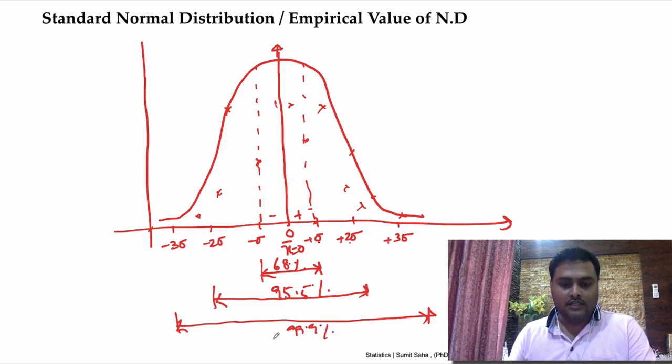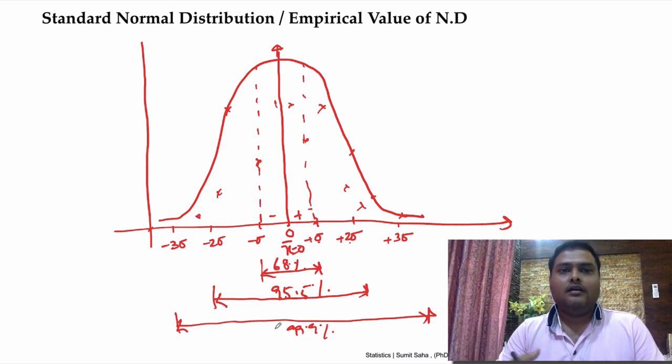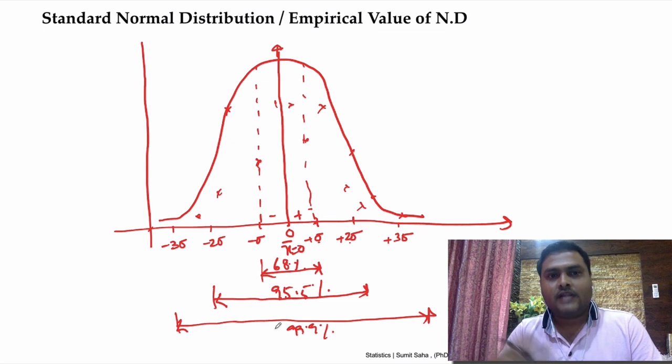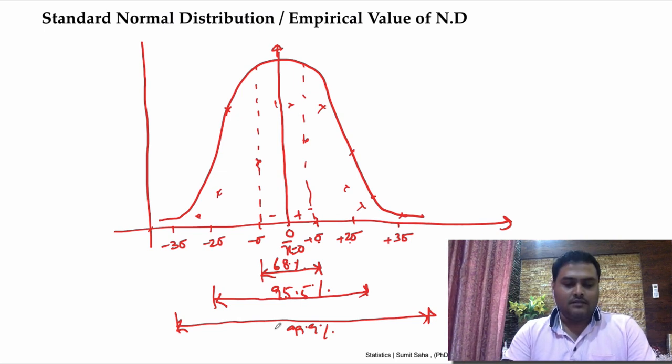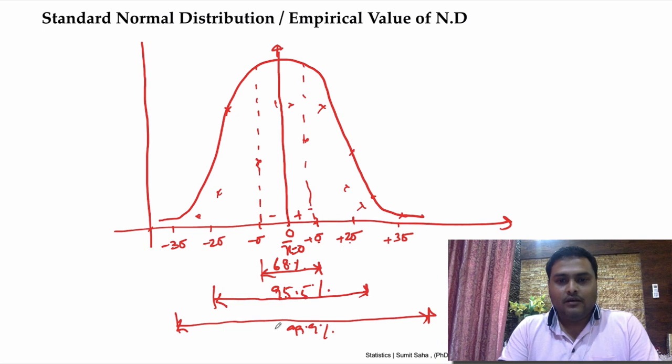Now what does this mean? It means irrespective of your data, if we convert the normal distribution curve into a standard normal distribution curve, then I can say 99.9% of data falls under minus 3 sigma to plus 3 sigma. Isn't it good? It's very good for us to understand and for calculation.